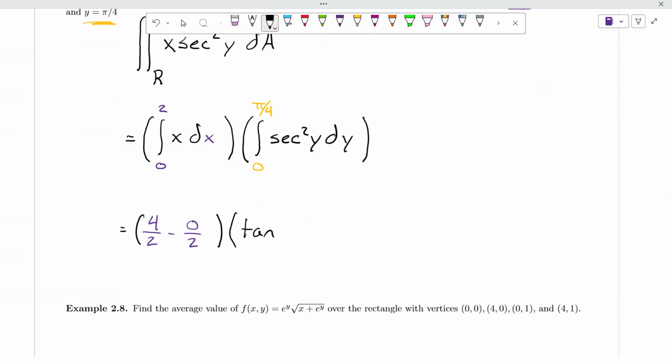So helpful to remember that. This looks like the tangent of pi over 4 minus the tangent of 0, which is going to be 2 times 1, which is just 2.